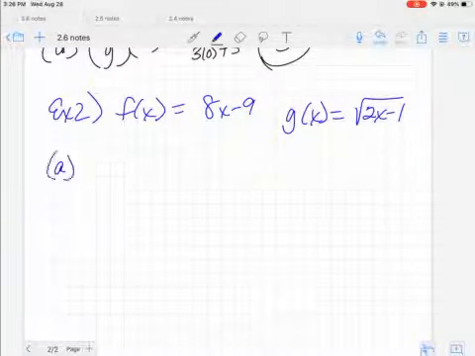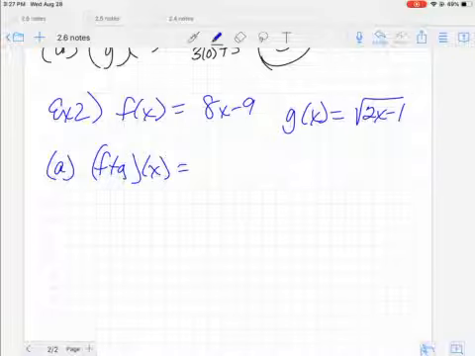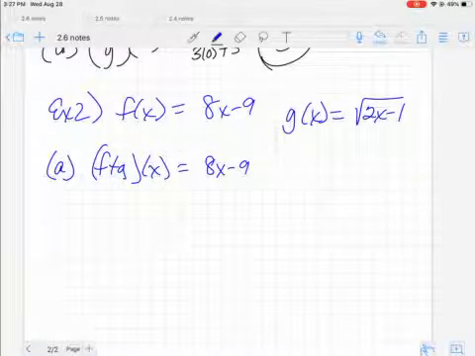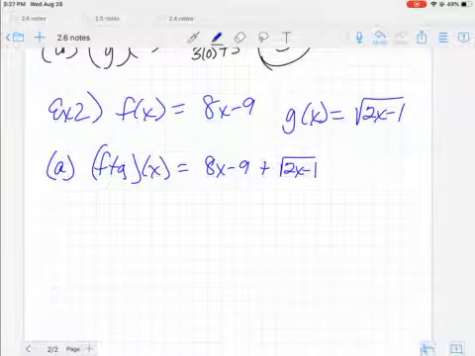So my first thing we're going to do is f plus g of x. So I'm going to add these together. Here I have 8x minus 9 plus the square root of 2x minus 1. There are no like terms. There is nothing else you can do with that. So you are finished.